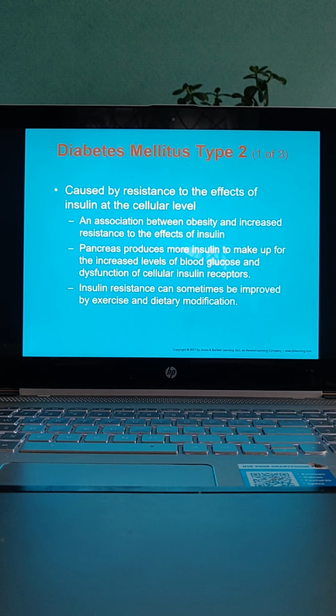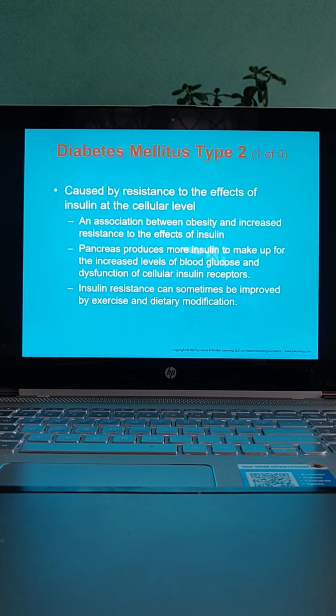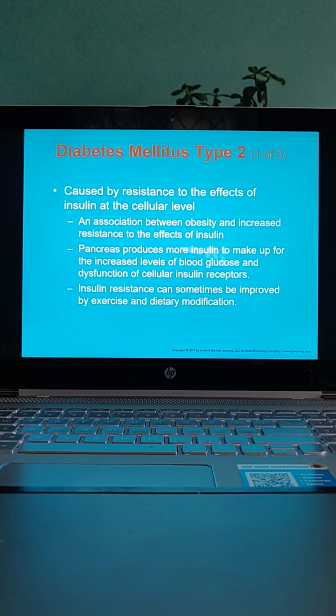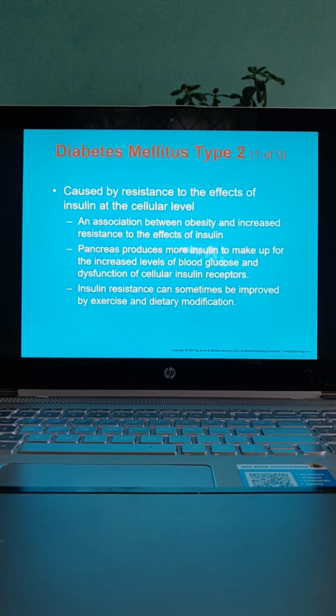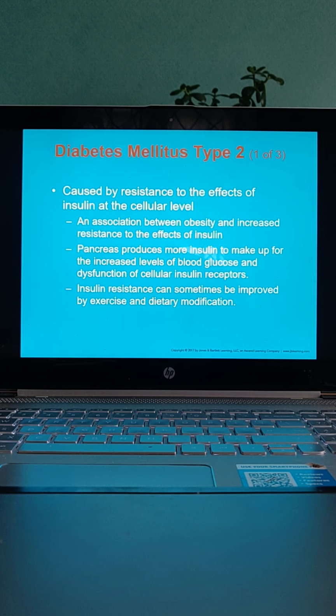Okay? So diabetes mellitus number 2 can be controlled by diet, exercise, and medication. The insulin receptors on the cells resist, and they don't unlock the door, allowing the glucose in to be used to create fuel.